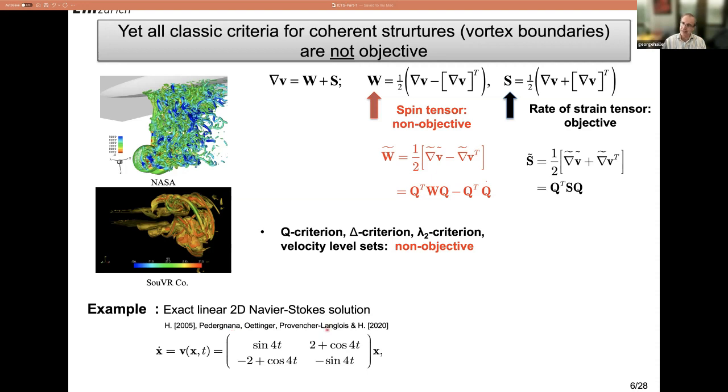This paper that we wrote is about a whole class of explicit unsteady solutions that you can derive for the 2D Navier-Stokes, and this is one of those. So it's just an unsteady velocity field. It's linear spatially, and the unsteadiness is time periodic.